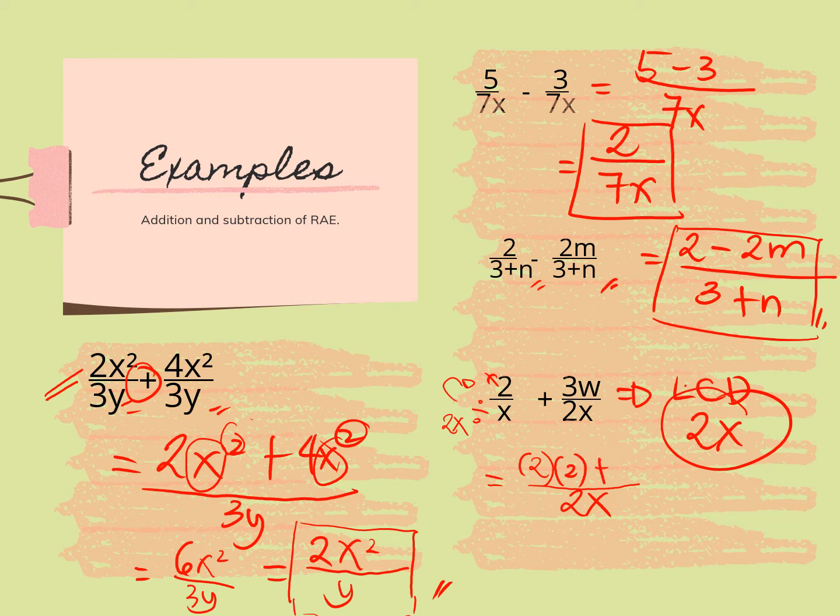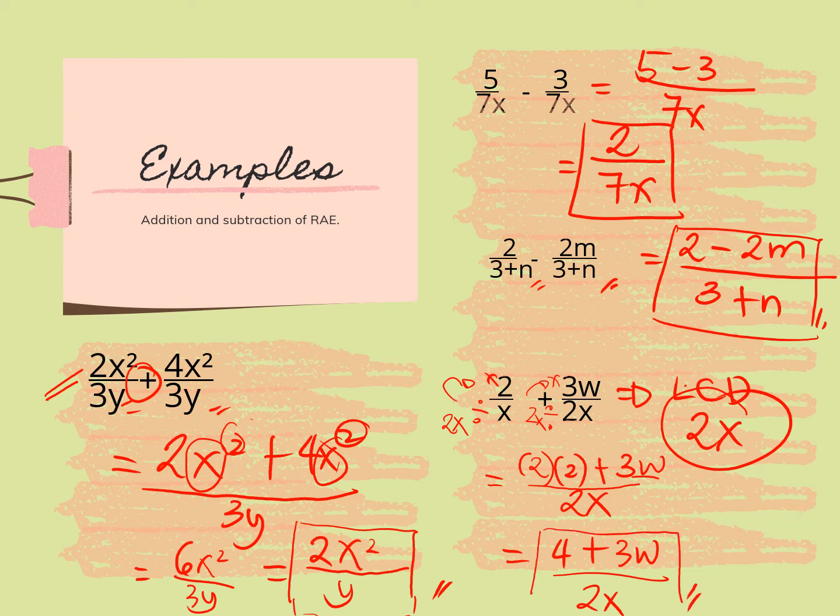Copy the operation, then 2x divided by 2x is 1, times 3w, so just copy 3w. So 2 times 2 is 4 plus 3w all over 2x. We know 4 and 3w cannot be combined by addition.